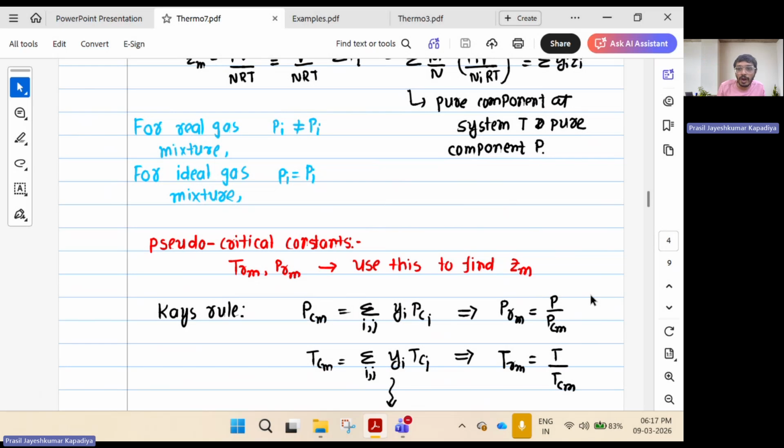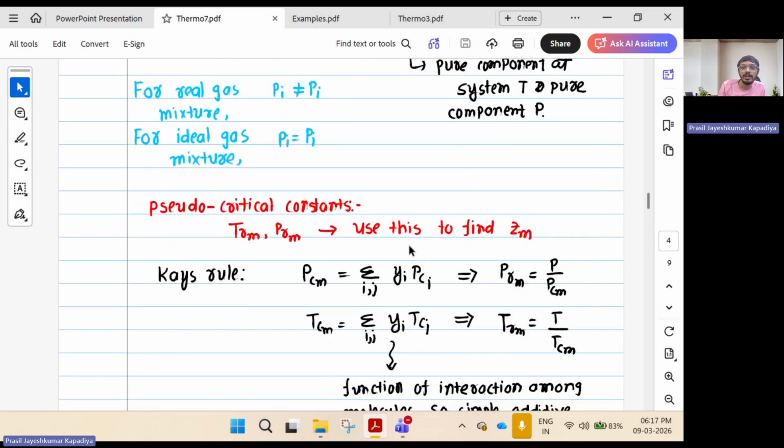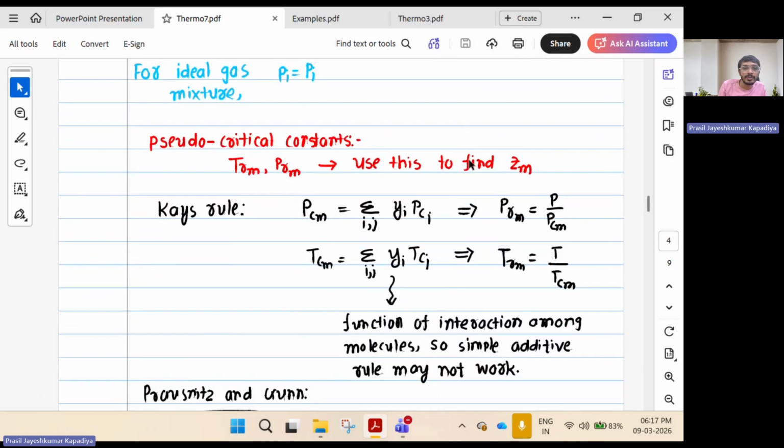Now, to find these critical constants, TRM and PRM, use these to find Zm. Okay, so there is one law for critical properties. There is one law, Kay's rule. So it says that PCM, I can just use the normal additive rule. So PCM is nothing but summation over i, j, yi PCi.